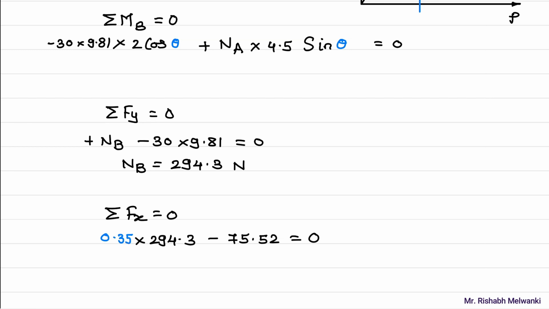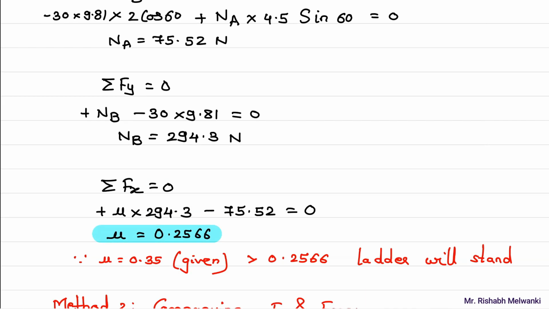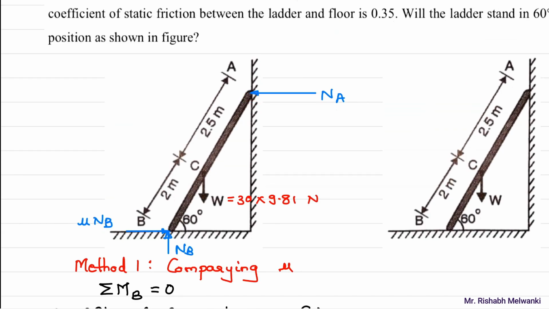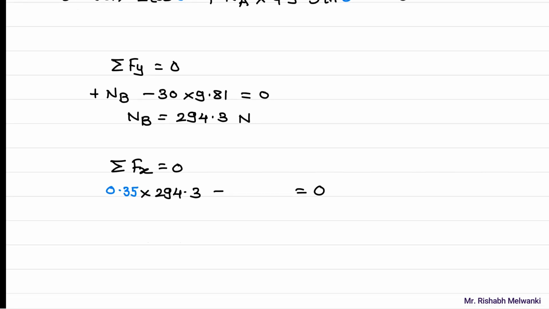And here this value Na will be unknown, so I'll keep this value as Na. See, in that equation I had Na. This is summation Fx, right? In summation Fx I have negative Na, so that negative Na I have to write over here.